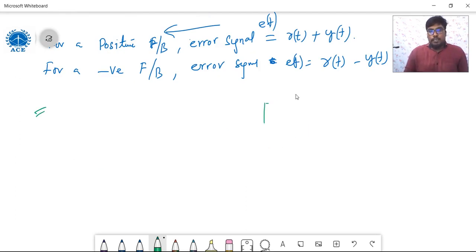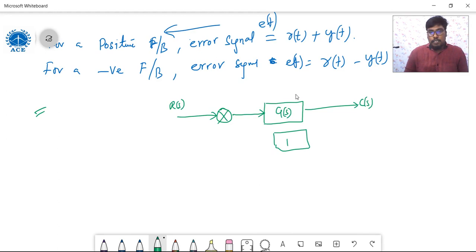So let us draw the closed loop system again. This is G of S, and this is C of S, the output, and here is the summing point. And this is input R of S. Now this is the feedback path H of S. Negative feedback I considered here.